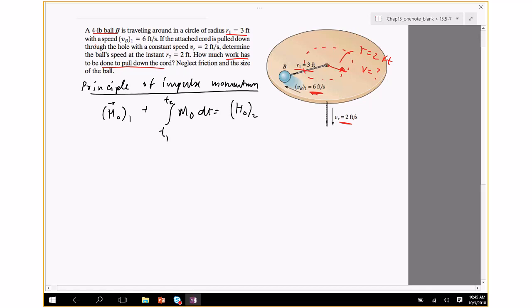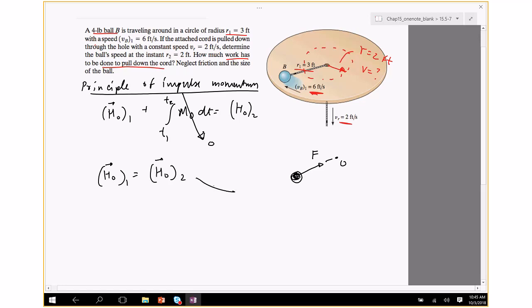Now in this case, assuming there's no friction, the only force pulling the ball is the force inwards towards O. And what's the moment due to that force? 0. So the moment is 0. There's no other force, there's no friction. If there was friction, there would be a force, but no friction. So we get H01 equals H02.